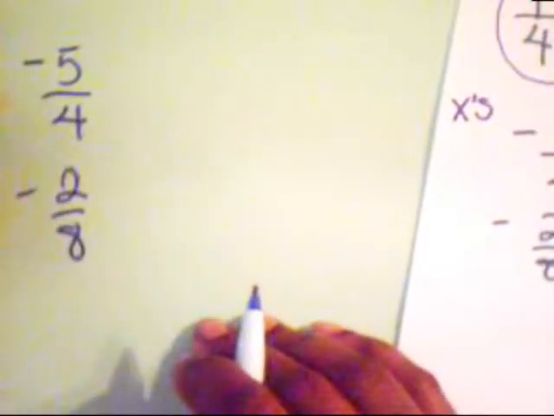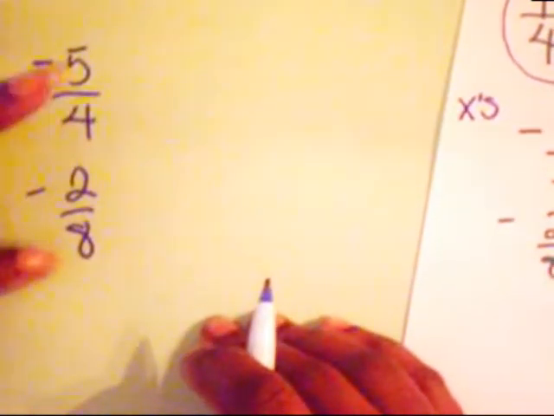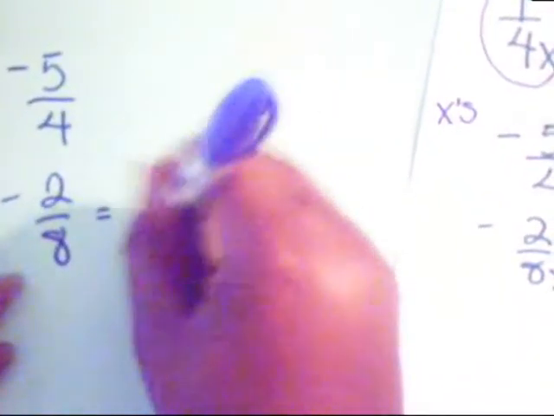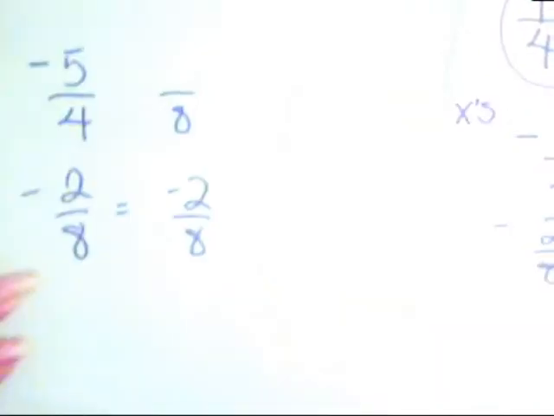I'm going to leave the x off for now. And I've got negative 2/8. I'm going to leave the x off for now. So let's compare. I've got 4 and 8. Remember, you always want to go with the bigger one. 8 is bigger than 4, so we're going to take negative 2/8 and keep it as negative 2/8, but we're going to take negative 5/4 and convert it into eighths.